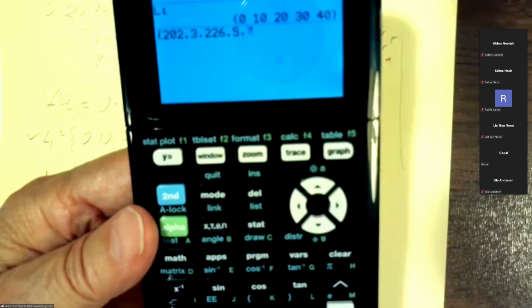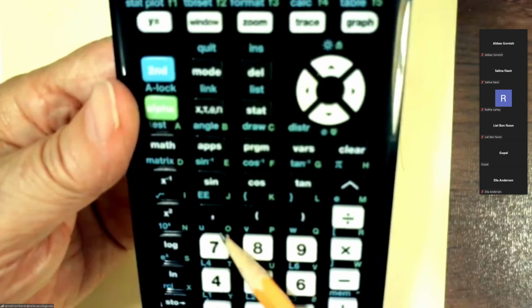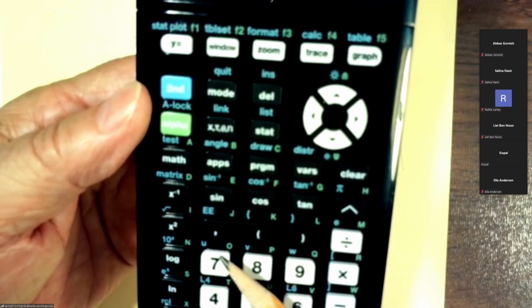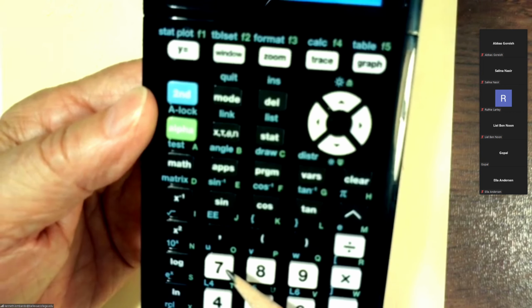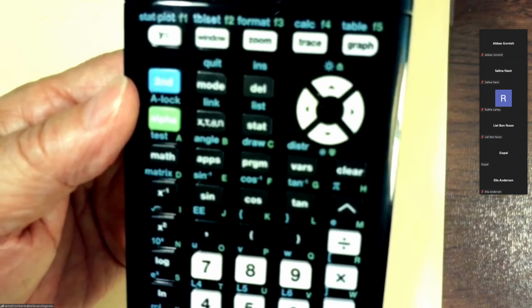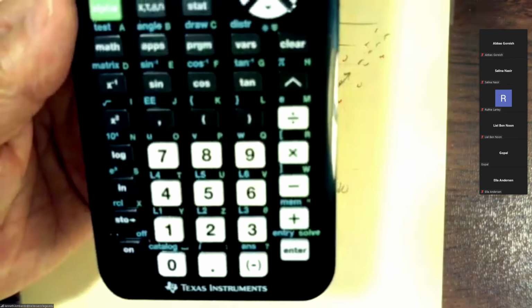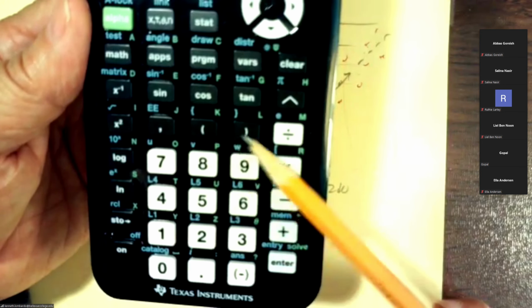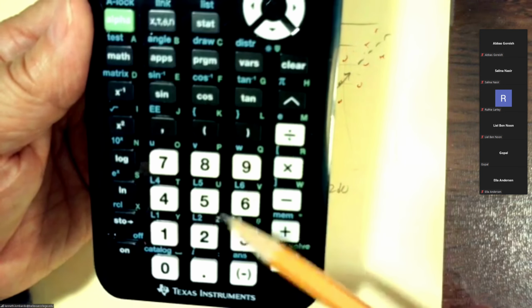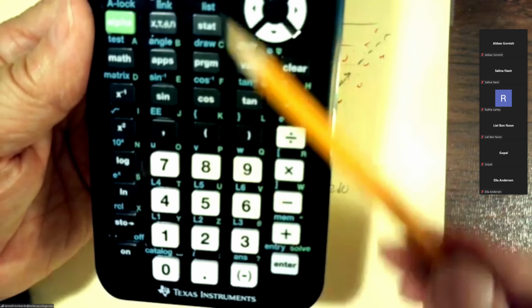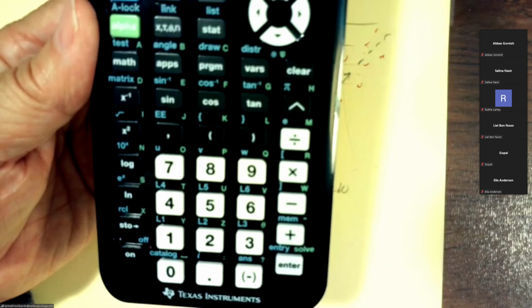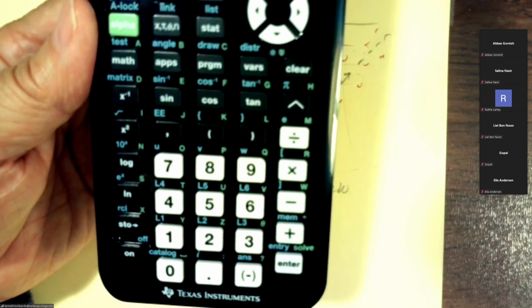Commas are right here. Now you're going to have to be familiar with your calculator. This isn't a calculator class, but the TI-84 is the calculator we're using, and you're going to use it for other classes you'll be taking, particularly beyond this one. So you want to be comfortable with where things are, where pi is, where e is, left and right paren, left and right braces, and so forth. You might want to get a calculator book.